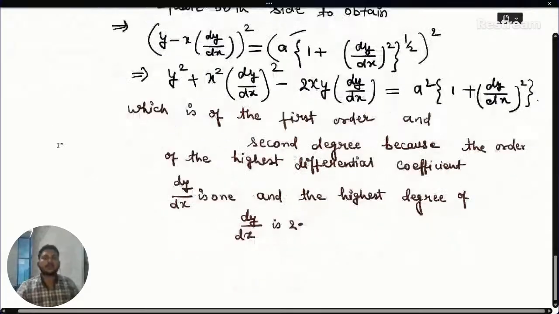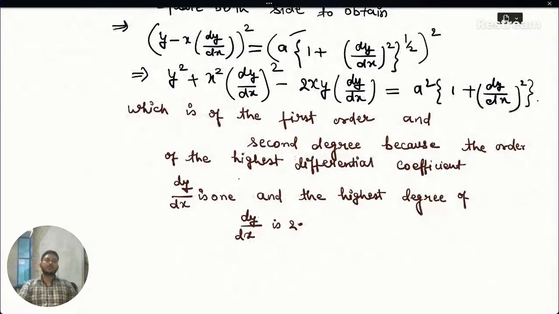The highest differential coefficient dy by dx is of order 1, so you get a first order, second degree equation. So these are the equation and its result: first order and second degree.